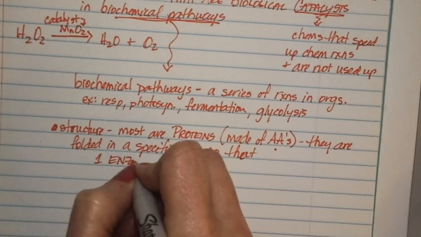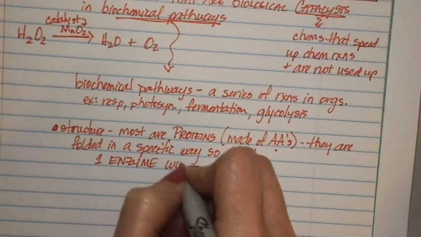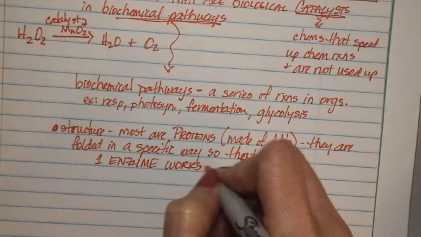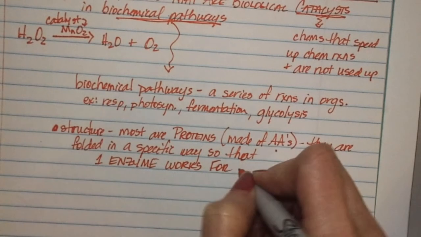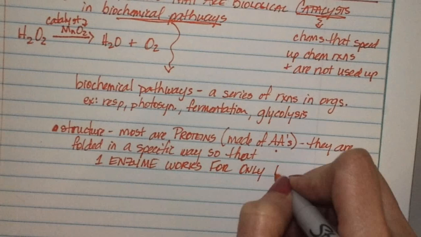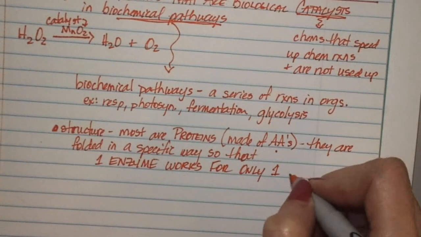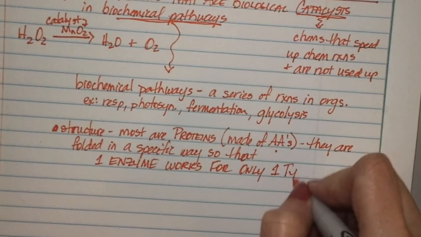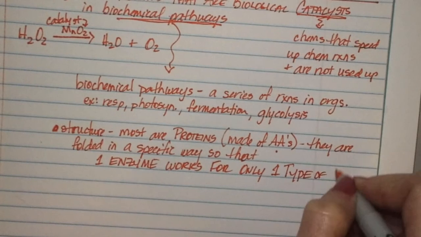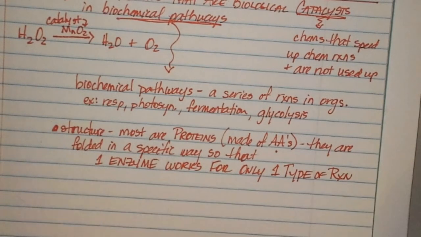How to say type of reaction. And I'm kind of mangling that there a little bit. So this enzyme can be used over and over and over again, but it only works with one set of chemicals. That's it.